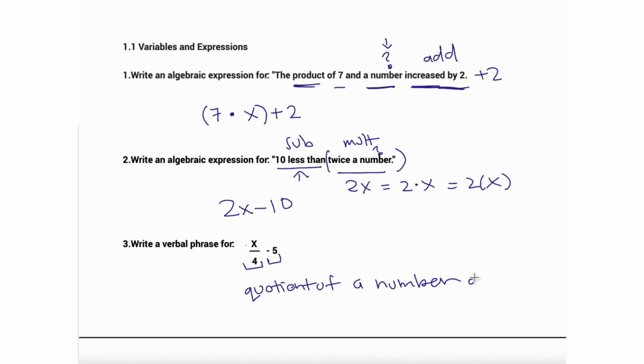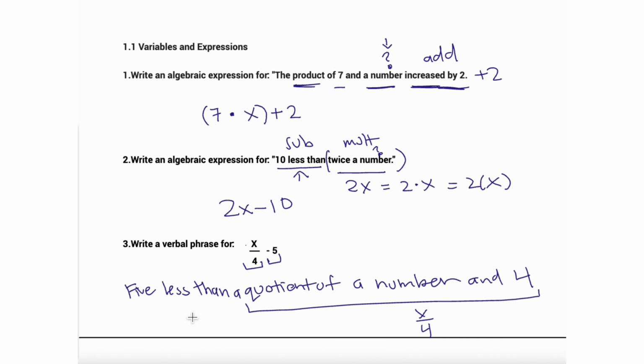Quotient of a number and 4. But I'm going to put 5 less than. So 5 less than a quotient of a number and 4. So this is the x over 4 portion, and then this is the minus 5.